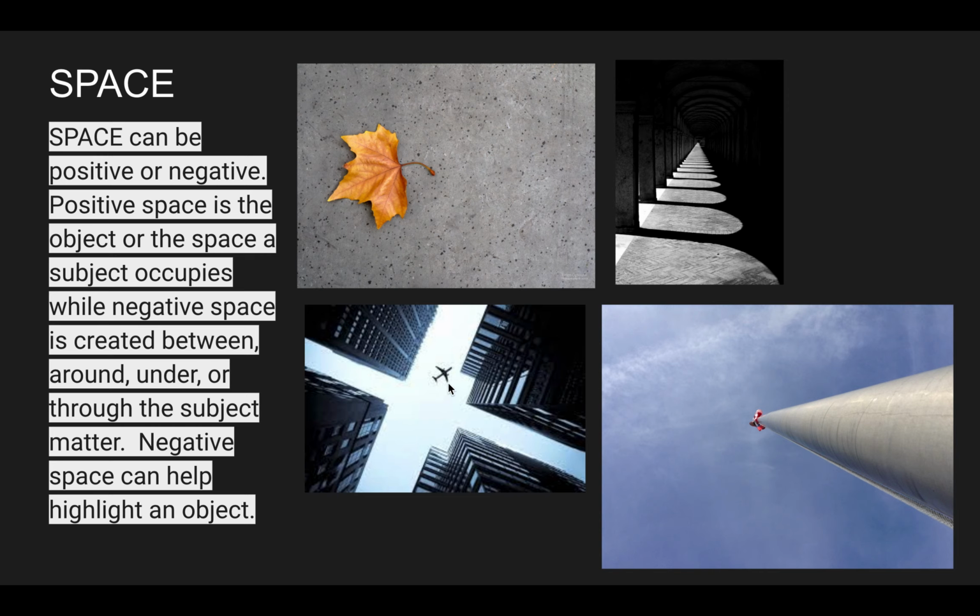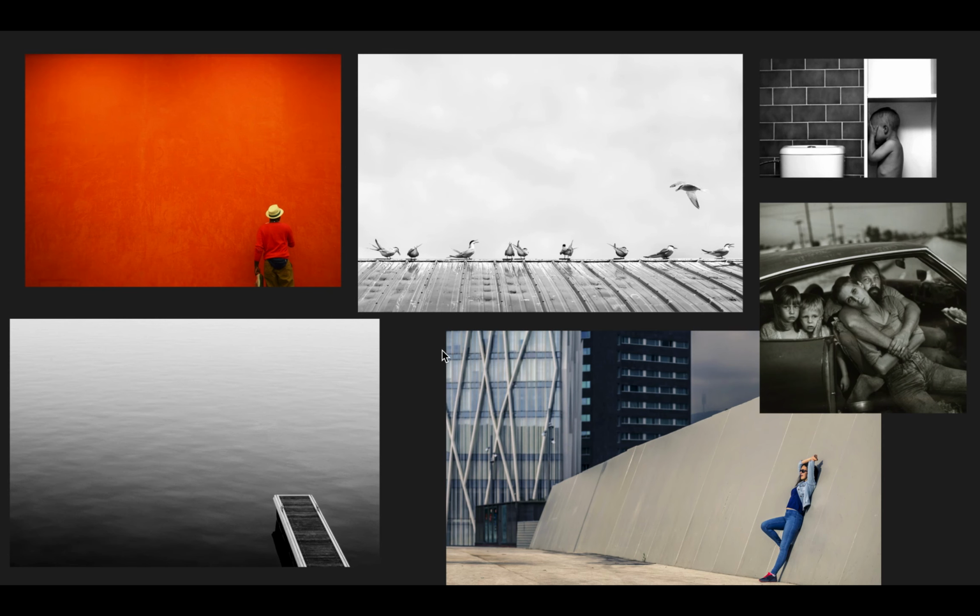That's a prime example here. The negative space within this photograph of architecture is really highlighting the subject. These are also really great examples of utilizing space in a photograph. This is another example of having a lot of negative space.